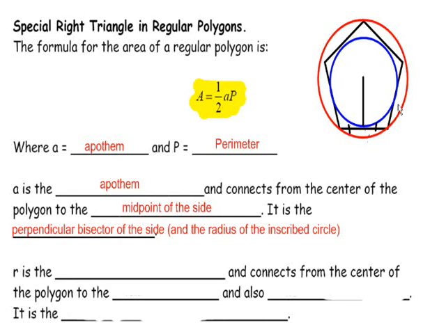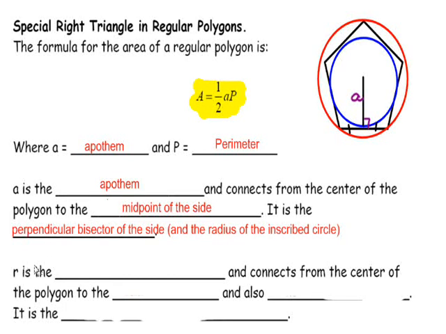And it is therefore a radius of this inscribed circle. And since it is the midpoint, it also happens to be the perpendicular bisector, so it is perpendicular to the side. So this line right here, that is my apothem.